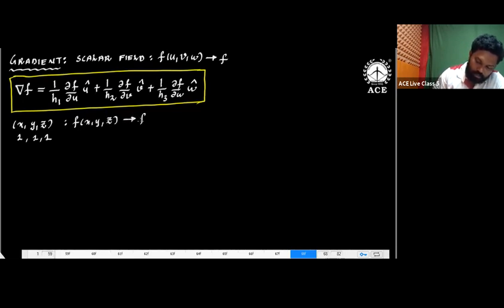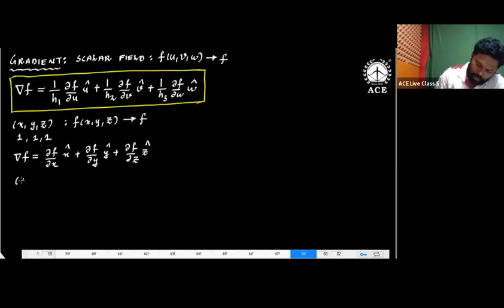So here the gradient of f is equal to dou f by dou x, x cap, plus dou f by dou y, y cap, plus dou f by dou z, z cap, beta.